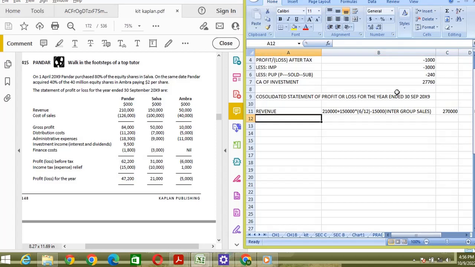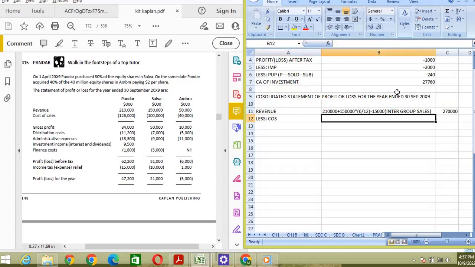Then we will deduct cost of sales. For cost of sales, again we will take the full amount of the parent, and for the subsidiary, it's a mid-year acquisition case, we will take the full amount and multiply it by 6 divided by 12, and again we will subtract the intra-group sales, IGS.